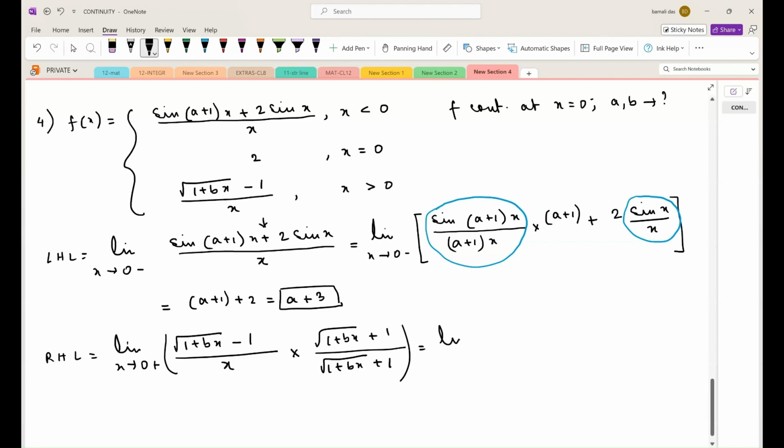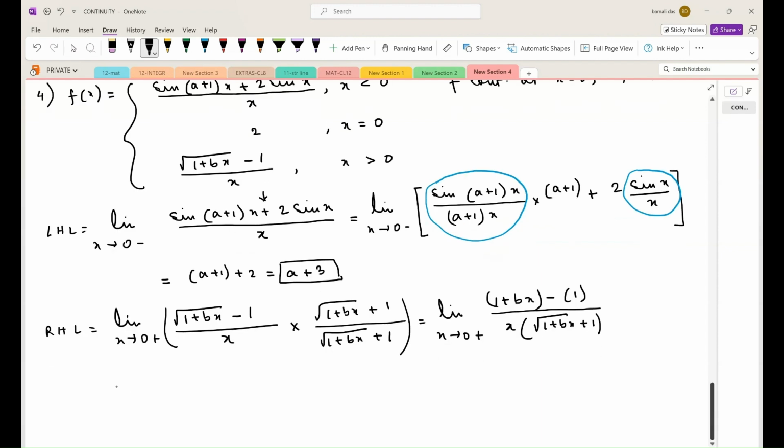So this becomes limit x tends to 0 plus. So this is a square minus b square, numerator (a+b)(a−b). So (1+bx) minus 1, that is bx. And here x into √(1+bx) plus 1.